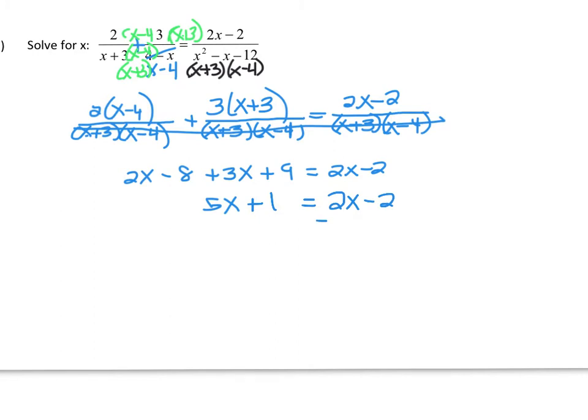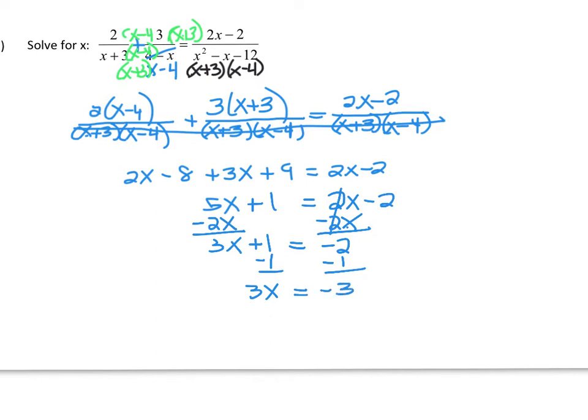So I'm first going to subtract 2x from both sides. That leaves me with 3x plus 1 equals negative 2. Then let's subtract 1 from both sides. So we have 3x equals negative 3. And when we divide by 3, we get x equals negative 1.